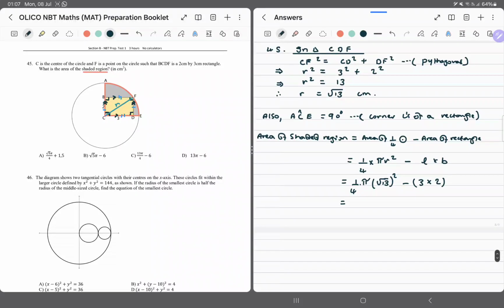So what is the answer here? So this is basically 13 pi over 4 minus 6. Do we have something like that? Option C. So this is very easy, so we can say therefore here, answer is option C.